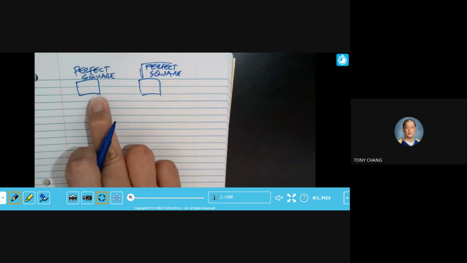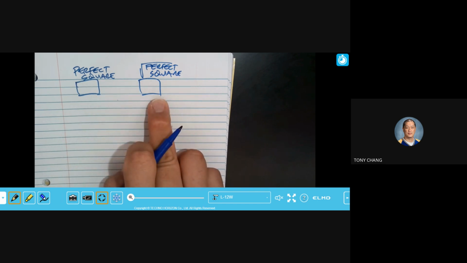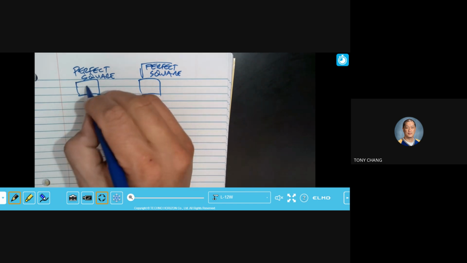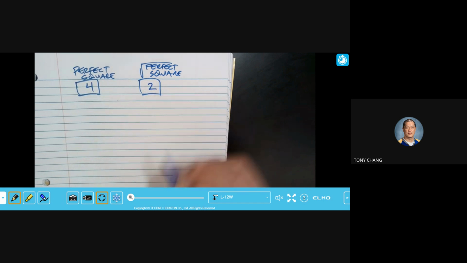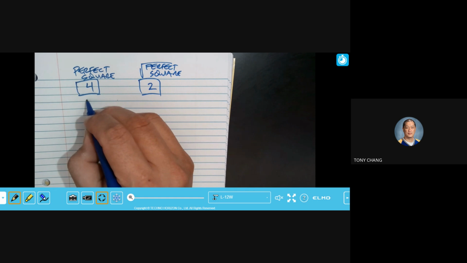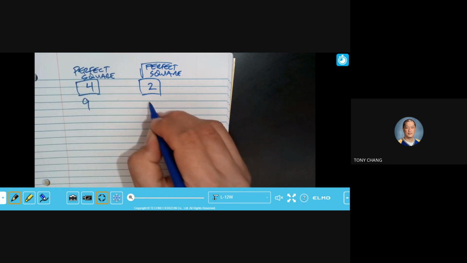So this is going to be the perfect square, and this is going to be the square root of the perfect square. For example, if this was 4, the square root of that is 2. If this was 9, this would be 3.